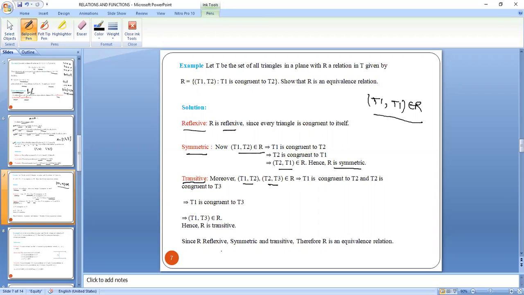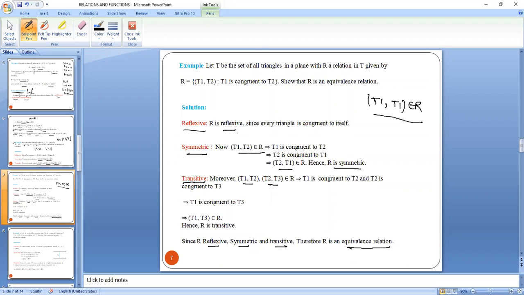Now, since R is reflexive, symmetric and transitive, therefore R is an equivalence relation. For every equivalence relation, we will check whether the relation is reflexive, symmetric and transitive. If all the three conditions are true, only then the relation is equivalence.